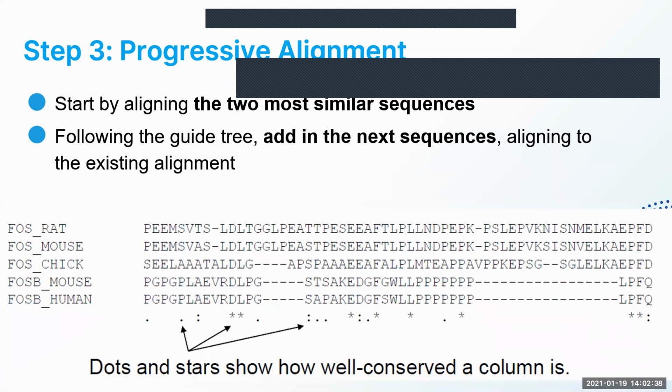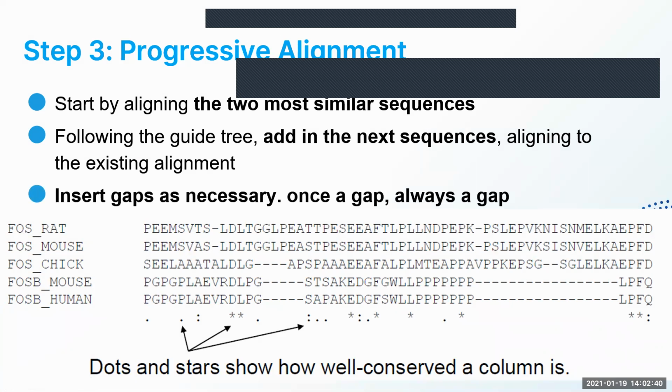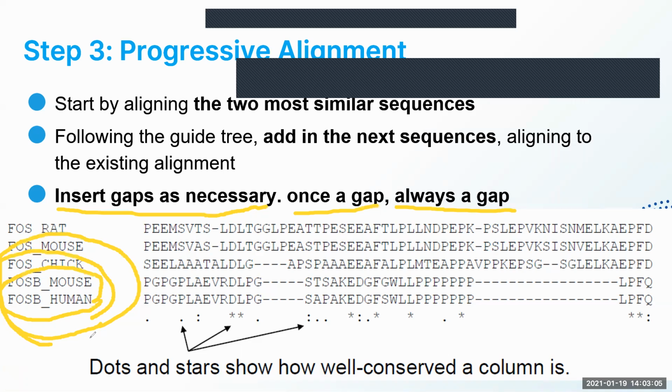I want to mention, if you insert a gap as necessary, once a gap is there, that will last long, you can't remove those gaps. If you introduce one gap, it stays there all the time. So you go one by one. Suppose you first align these two, then these three, these four, like that.